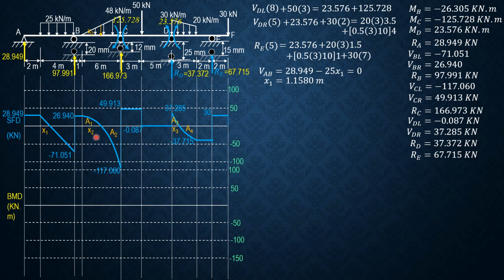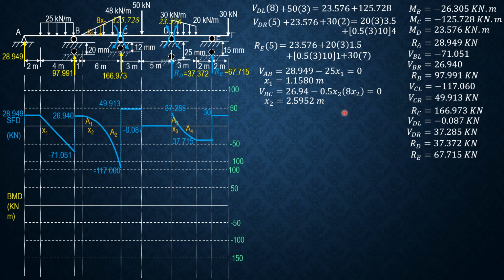Then for this x2 here, shear BC is 26.94 minus, so we have to consider strip height, call that x2, from zero load to any point. So intensity of the load as to x2 equals 48 over 6. 48 over 6 is 8. Therefore, the height is 8 times x2.